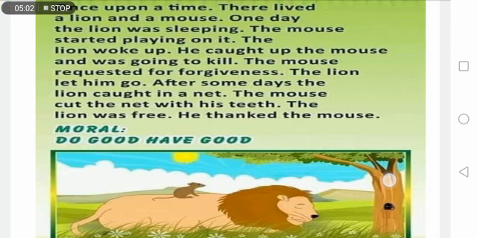After that, the mouse repaid him, that is the lion, by cutting the net in which he was caught, and he thanked the mouse. So you can see how this story is sequenced. So this is called the story sequence.